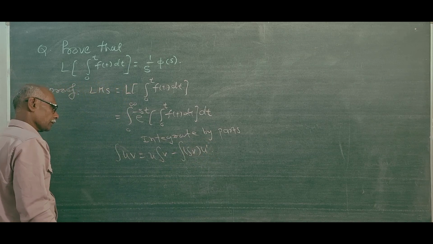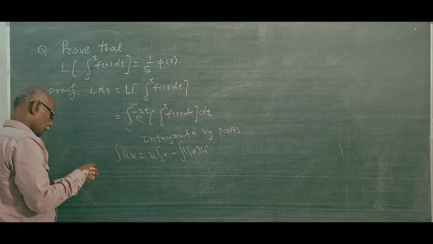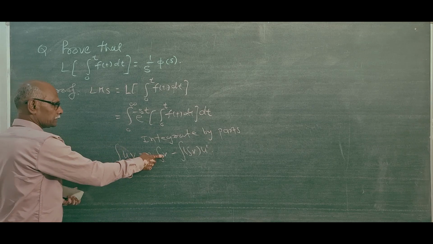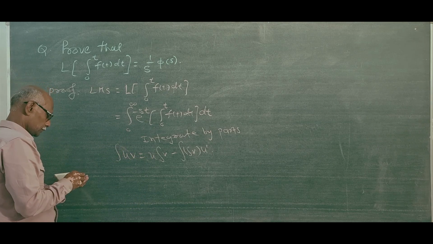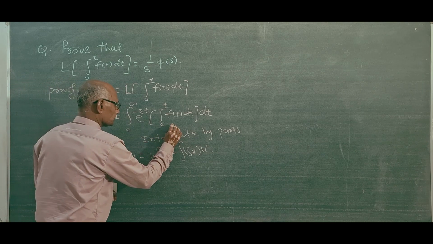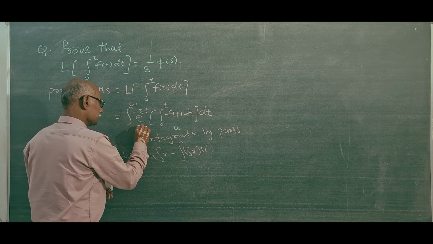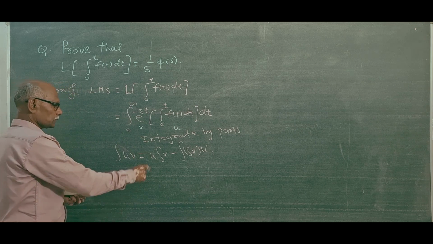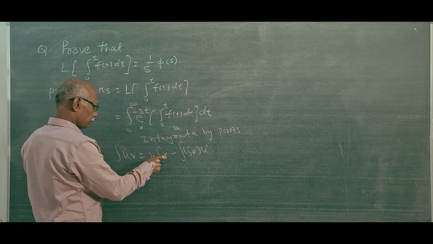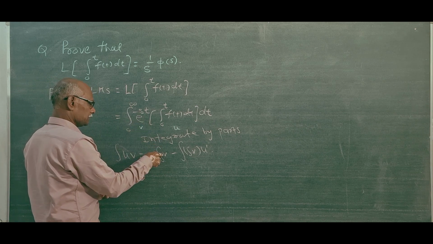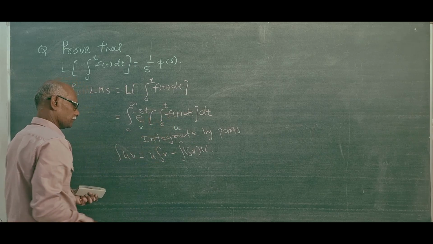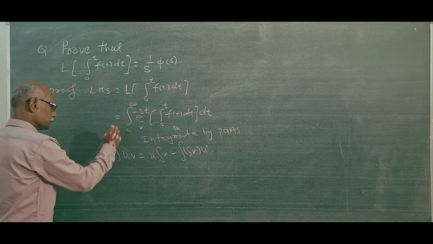We choose u and v in such a way that this integral gets evaluated. Very sorry, this is u and this is supposed to be v, because while taking integration of v, e raised to minus st is easier than this.